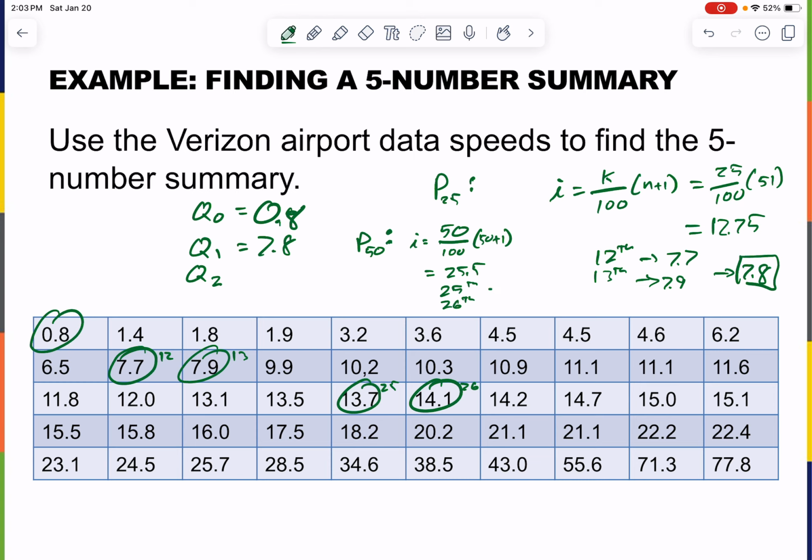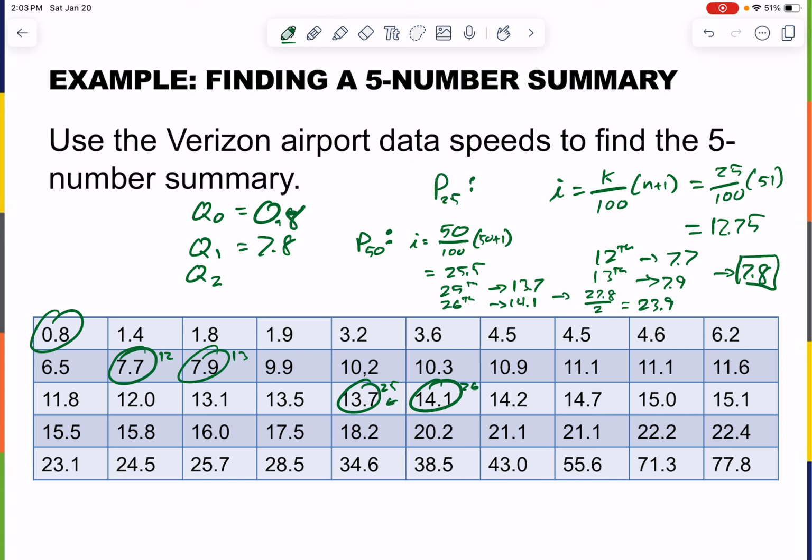So that is going to give us 13.7, 14.1. And if I average those, I'm going to get 27.8 over 2, which is going to give me, let's see, 23.9. Okay, very good. So 23.9, which makes sense.